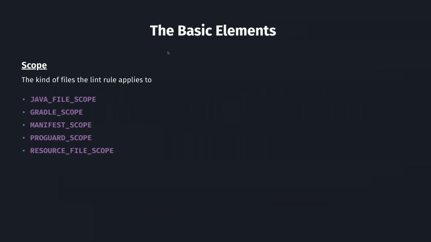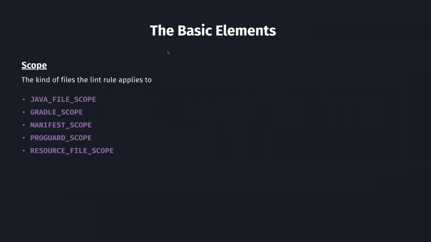Before we go into the details of writing custom lint rules, there are three concepts you need to know about: scope, category, and severity. Let's take a look at scope first. Scope defines the kind of files that the lint rule is applicable to. Here are a few examples: Java file scope, Gradle, manifest, program, resource file.